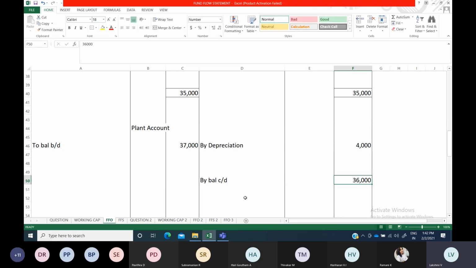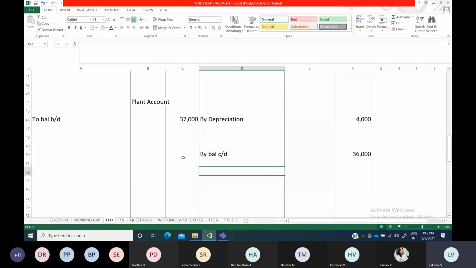Okay, next, one more thing. If you are going to sell any plant, that will also appear on the credit side only. So if you are opening a fixed asset, any type of asset, furniture, building, or plant, machinery, anything, opening balance on debit side, closing balance on credit side, depreciation, anything if you are charging, on credit side, and then if you are going to sell any machinery, that one also will come under the credit side only.